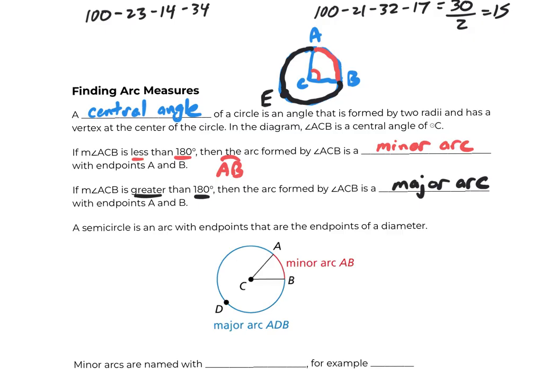I could put E anywhere on that circle, right? When I name the major arc, I have to use 3 letters to name my arc. And the symbol here is just a curve over the top of those letters. So 2 letters is going to tell us a minor or small arc. 3 letters tell us it's a bigger arc, or bigger than 180. Bigger than half the circle.